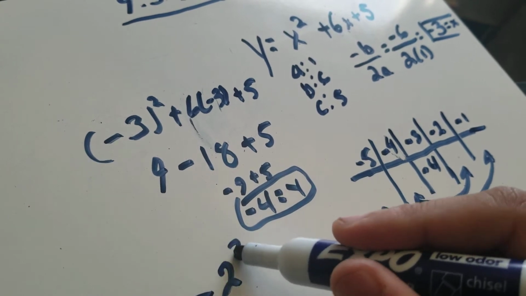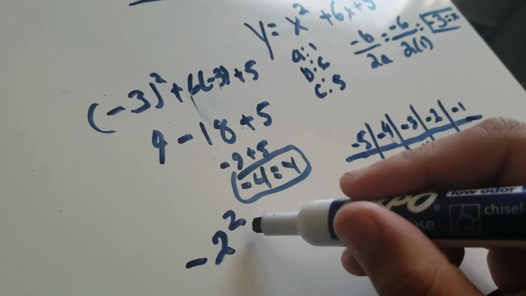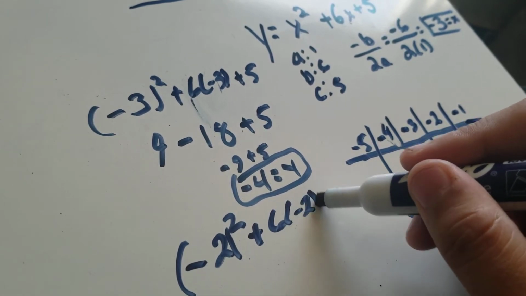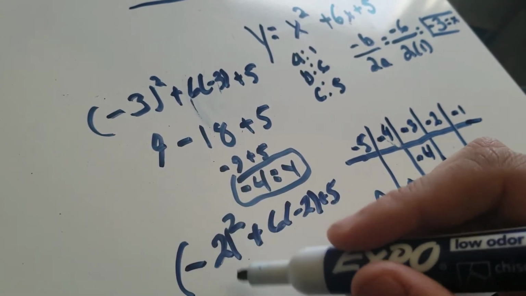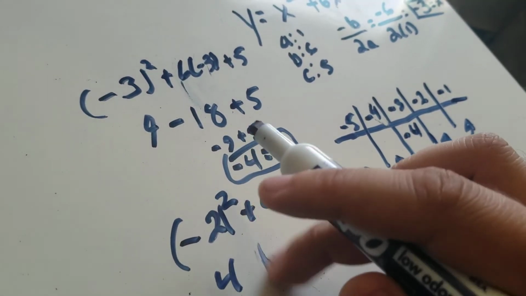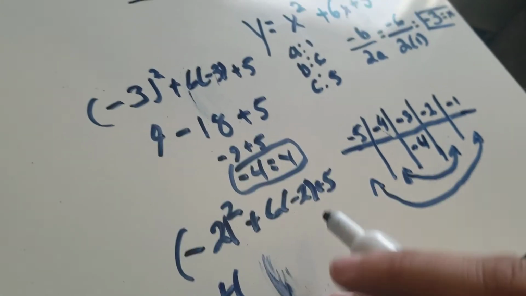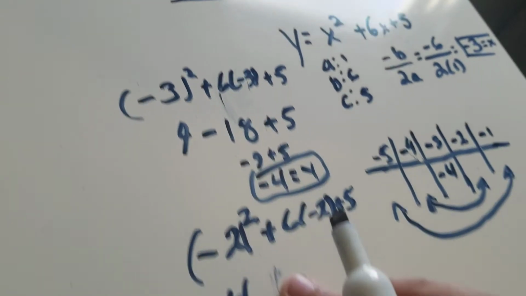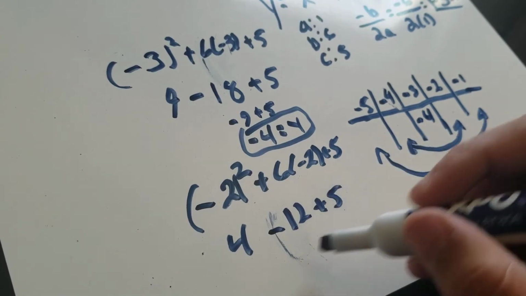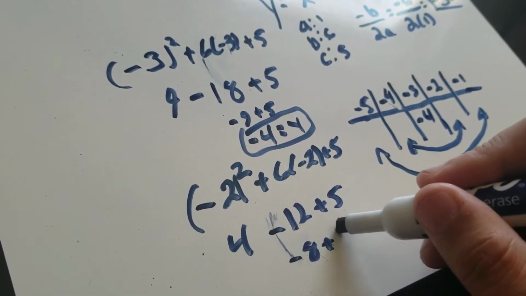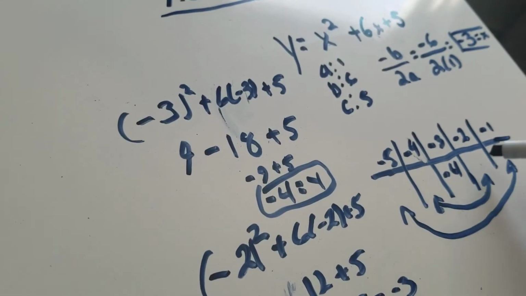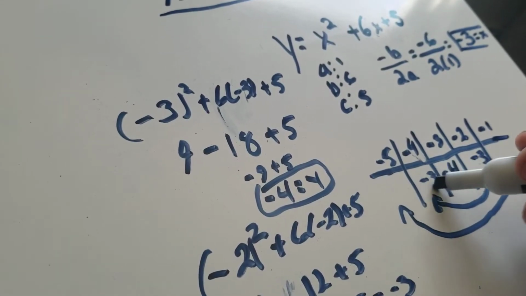Negative 2 squared plus 6 times negative 2 plus 5. That's 4 minus 12 plus 5, negative 8 plus 5, negative 3. So if this one's negative 3, then this one's also negative 3.